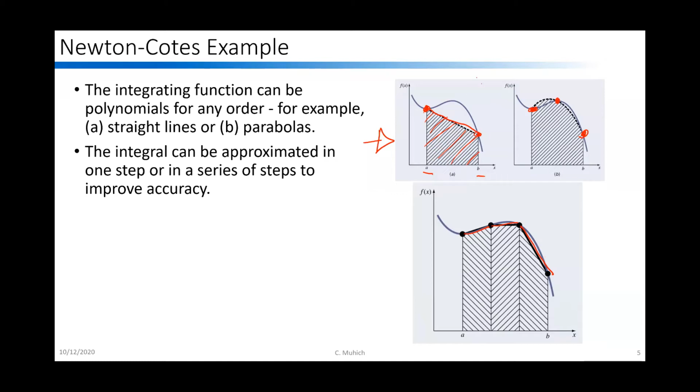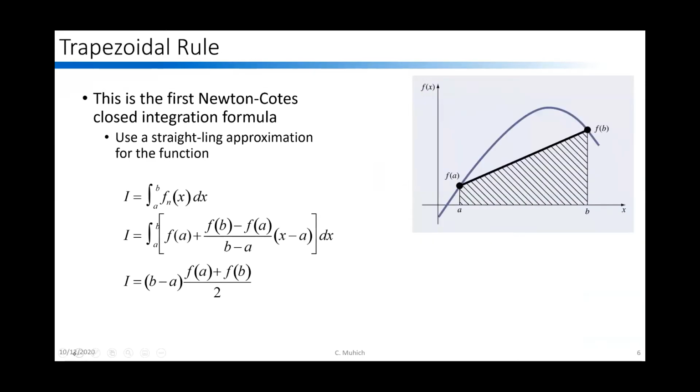We're first going to take this first order approximation where we're going to just take straight lines. This is going to be called our trapezoidal rule. Here we're going to use a straight line approximation. So what we're going to do is replace this complex function with a trapezoid. If we know the point at a and the point at b, we're going to fit a straight line.